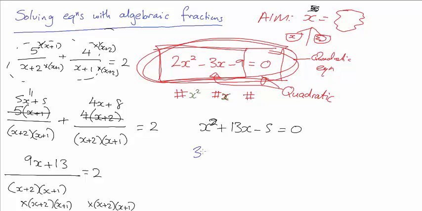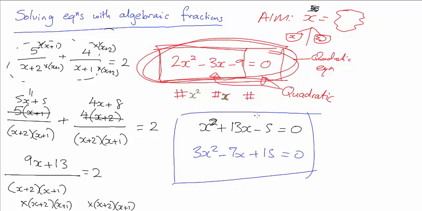This is a quadratic equation: 3x squared minus 7x plus 15 equals 0. It's basically a certain amount of x squareds, x's, and a number. So that's the next section. It's a nice little tie-in, don't you reckon, from algebraic fractions to quadratics. Isn't it almost pretty the way maths works sometimes?